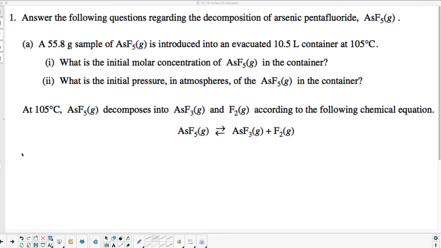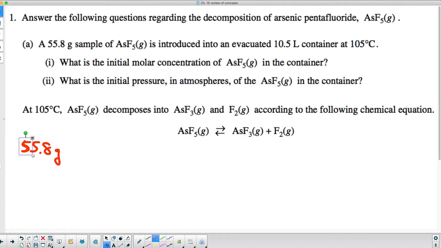Okay, so the first thing I do all the time is take the 55.8 grams of AsF5, all of that over 1, and find the number of moles.